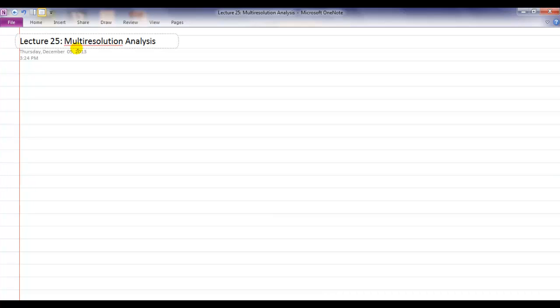While doing that discussion, we also end up with very fast ways of computing the wavelet transform. So today's lecture will be primarily focused on multi-resolution analysis. We'll be using a lot of concepts about vector spaces and the projections of signals onto subspaces that we covered a long time ago. So it will be good to recall some of those things.